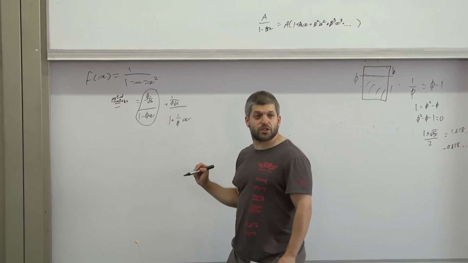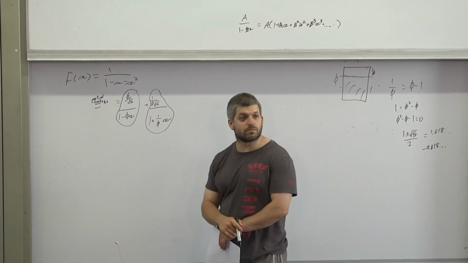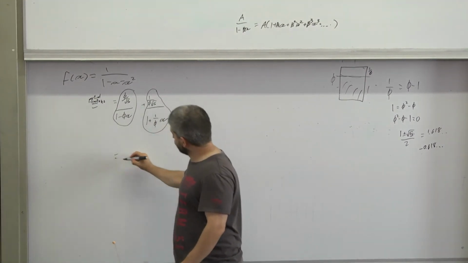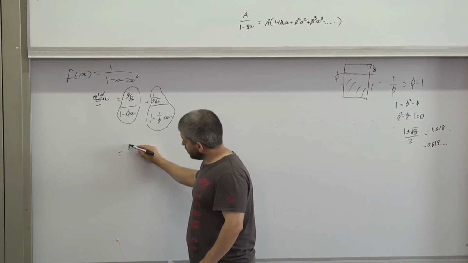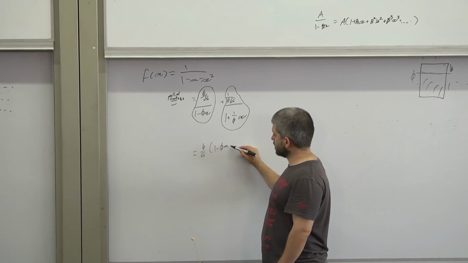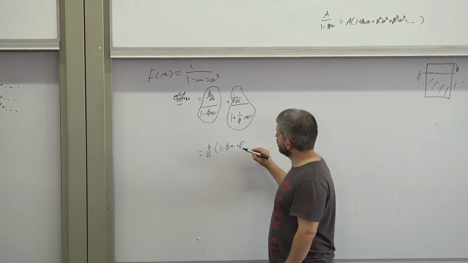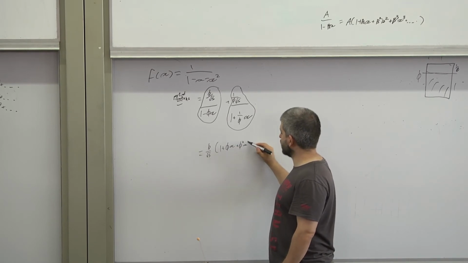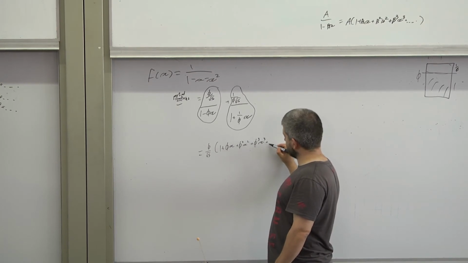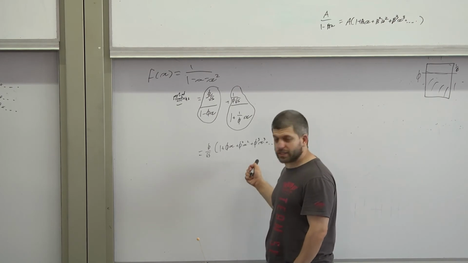This is a geometric series, and so is this guy. So what's this? 1 over root 5 times 1 plus phi x plus phi squared x squared, phi cubed, and so on. Right? That's a geometric series.